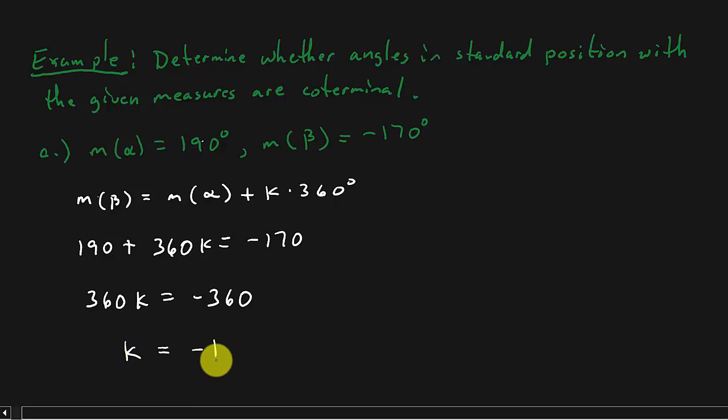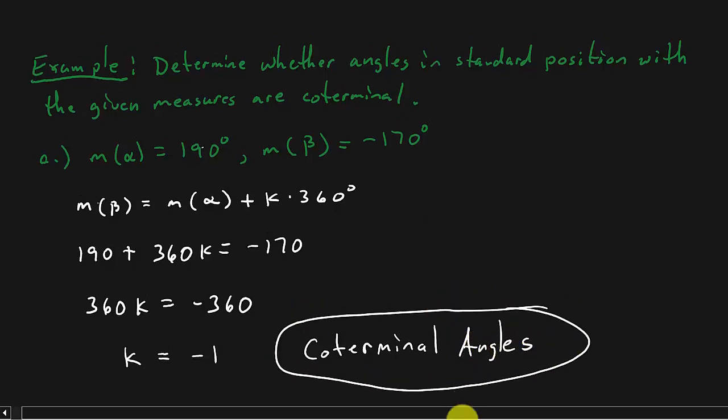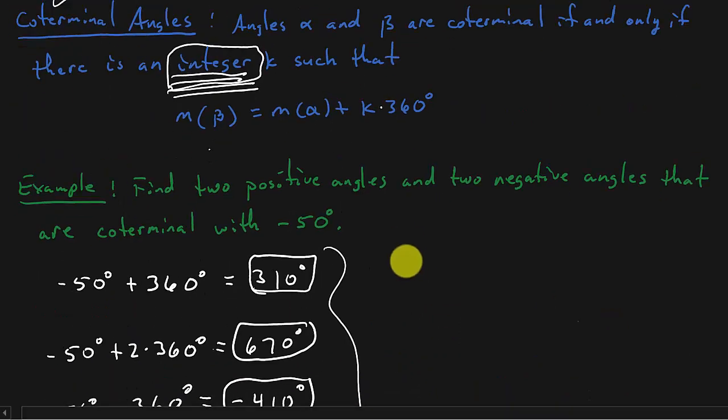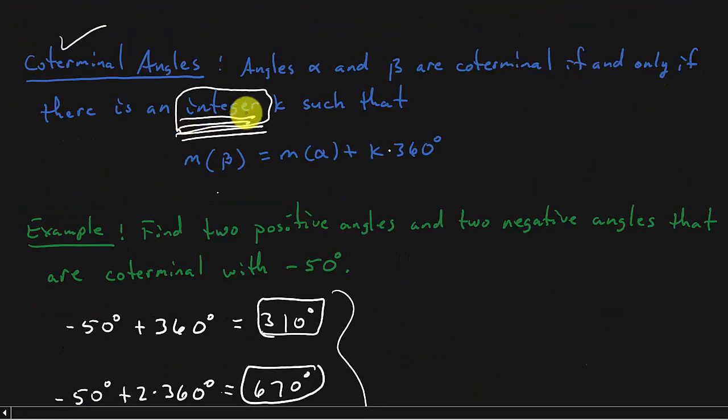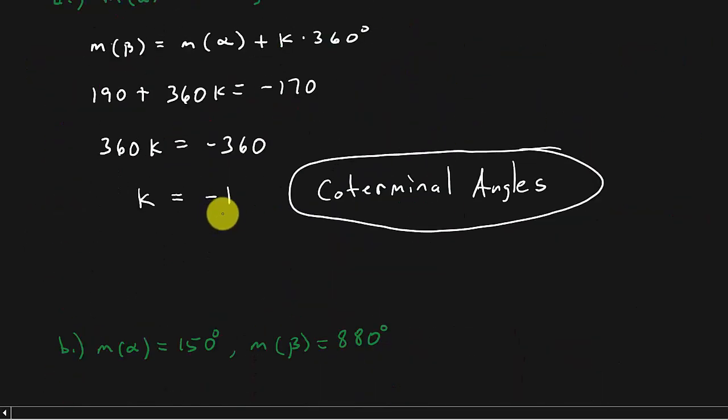Okay, so this would be coterminal angles. So these angles are coterminal because what did it say? It says if and only if there is an integer k. And what did I get for k? I got an integer.